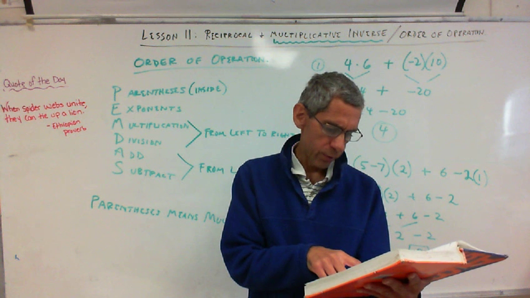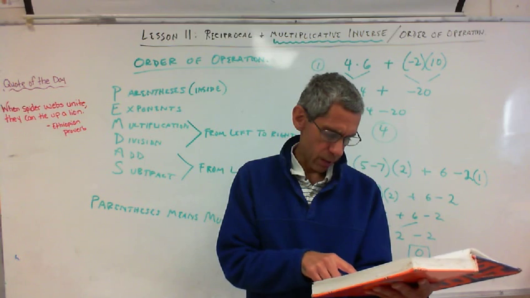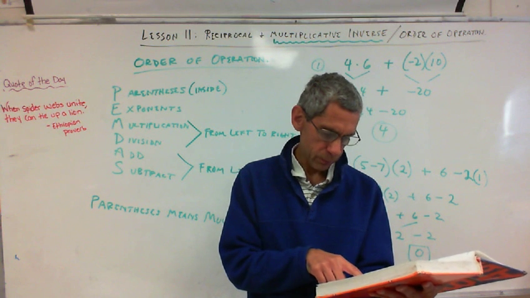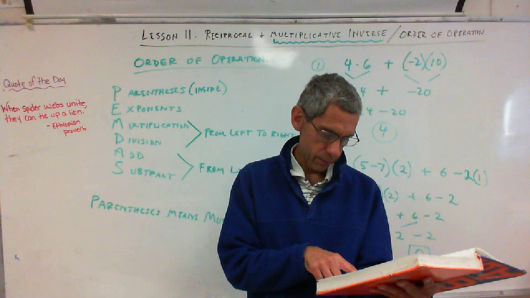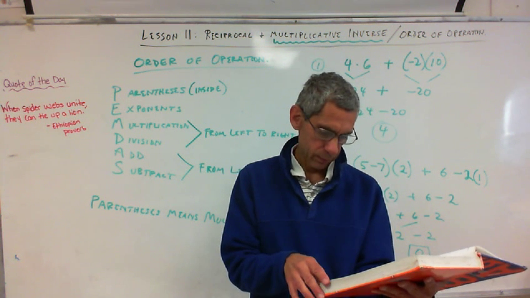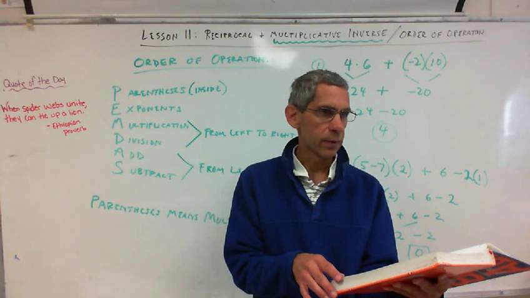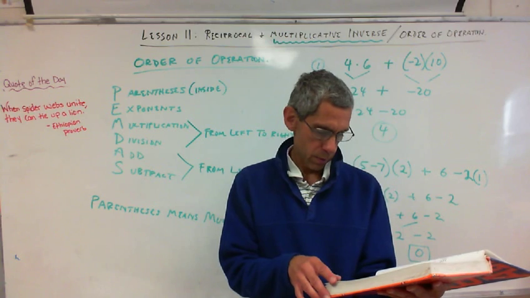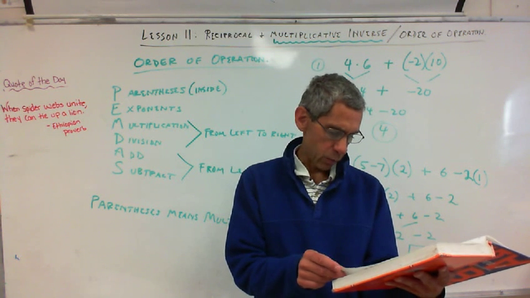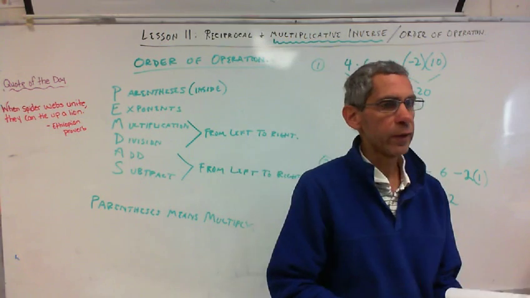Let me think. Let's just do 1 through 6, and then 12 through 21. All of them? Well, yeah, sure, because they're pretty easy, I think. No? Well, let's just say 12 through 18. 12 through 18. Okay, that's good.